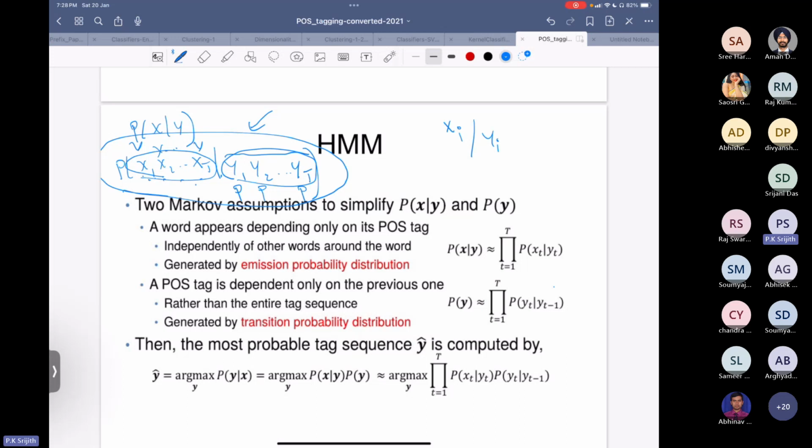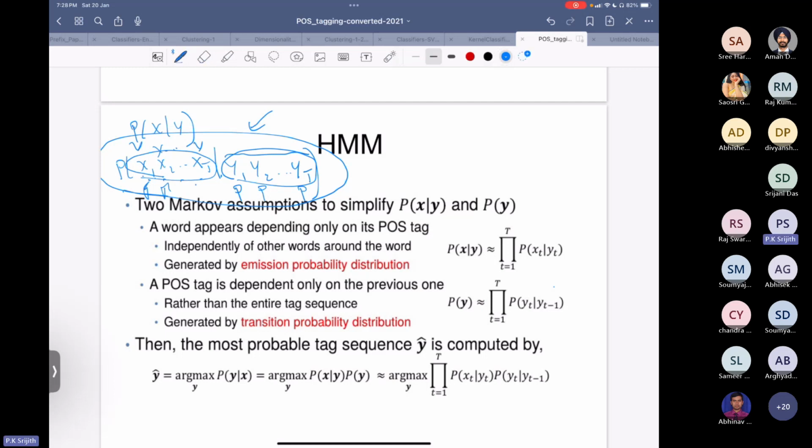So this is something like a class conditional independence assumption. If you follow the naive Bayes classifier assumption, we assume that each of these different components only depends upon the class label.